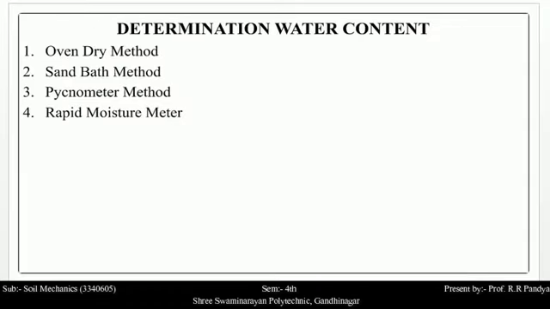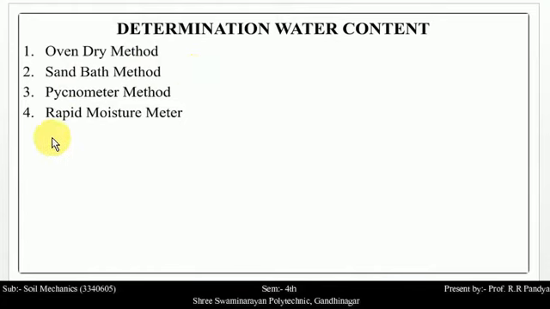Now, determination of water content. Water content is determined by the following methods. First one is the oven dry method. Second one is the sand bath method. Third one is the pycnometer method.